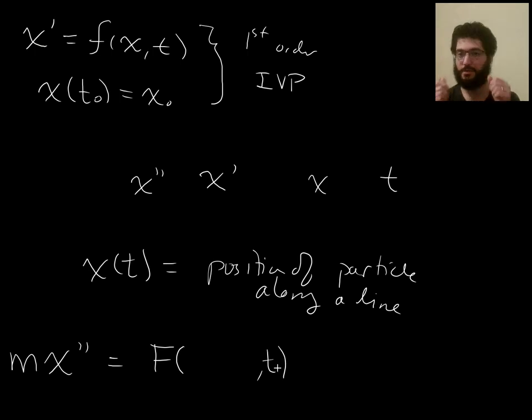For example, you're pushing on something, and you just vary how hard you're pushing in time. It can also depend on x. For example, if x of t is measured along a line coming out of the center of the Earth, a ray coming out of the center of the Earth, then x represents the distance from the center of the Earth of a particle.